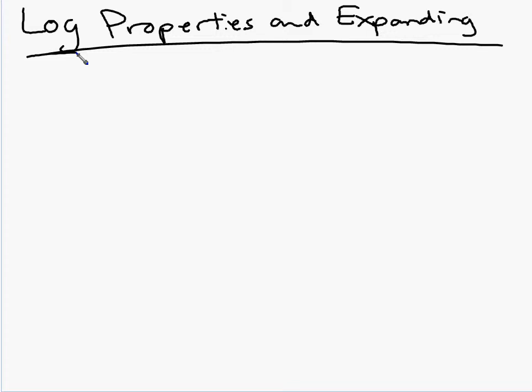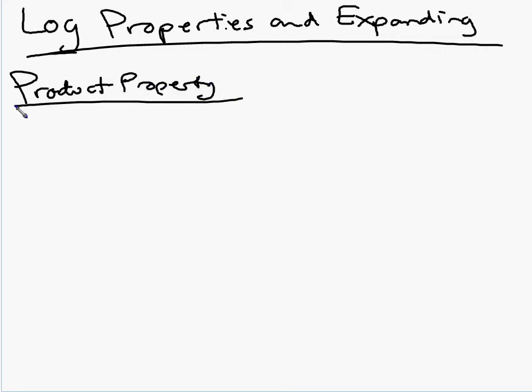Okay? First one, the product property. The product property of logarithms is easy, and these are all the same whether it's a common log or the natural log. It doesn't matter. So, let's say that I have the log of AB.